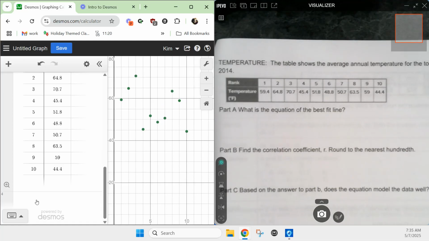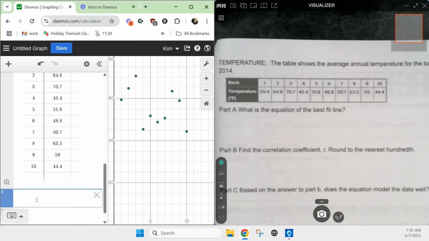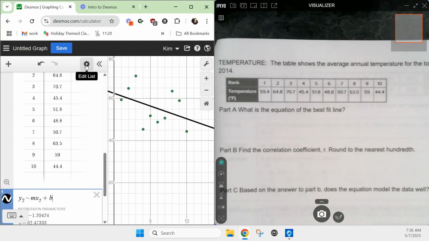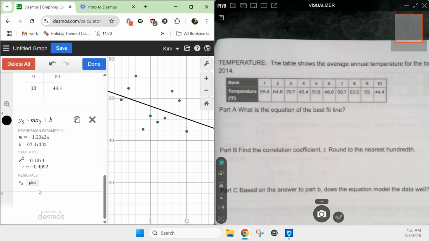So I'm going to come down here, and I'm going to write my equation. Y, but we need sub 2 this time, not sub 1. We need our squiggly that's next to the number 1. Mx, but x sub 2. Oops, sorry, and then we need plus b. So here, and you can change the color of this if you want.